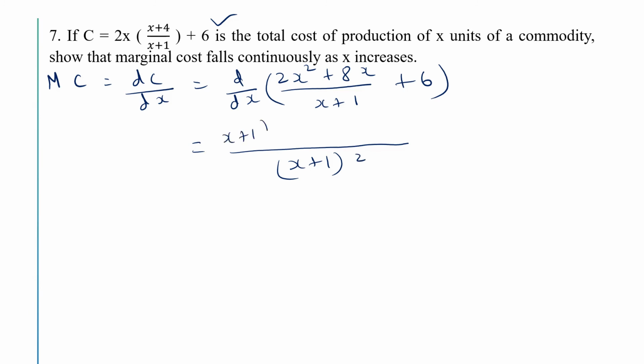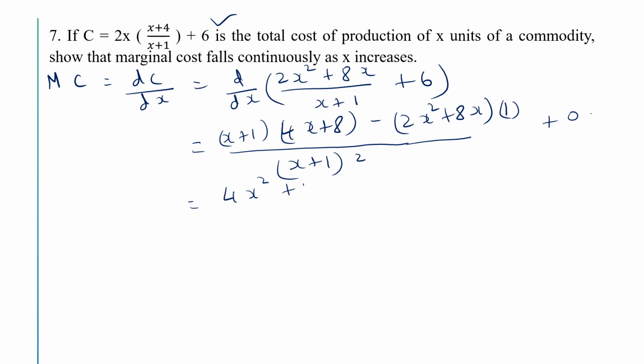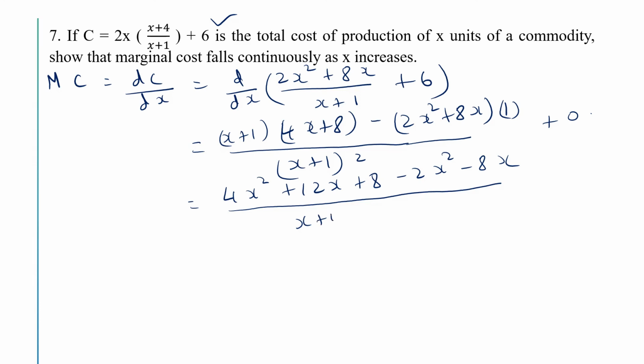Keep the denominator, differentiate the numerator, minus, keep the numerator and differentiate the denominator. Derivative of denominator is 1 plus 0. So this is equal to (4x square plus 12x plus 8 minus 2x square minus 8x) divided by (x plus 1) the whole square.